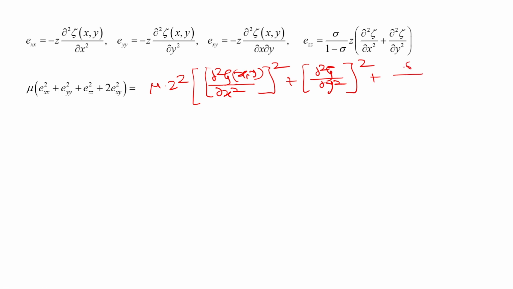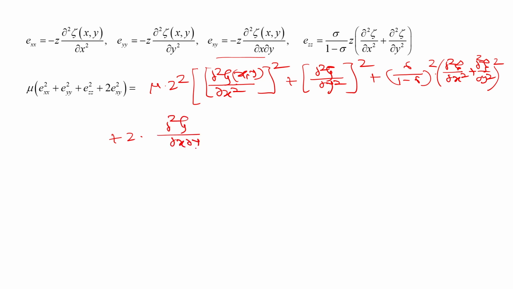So it is sigma by 1 minus sigma whole square, and here it is del square zeta by del x square plus del square zeta by del y square. Yeah, this is correct. And then we have got this Exy, you will be able to find it to be like this only. So 2 and Exy square, so it will be del square zeta by del x del y square, like this. So this we have to find out now.